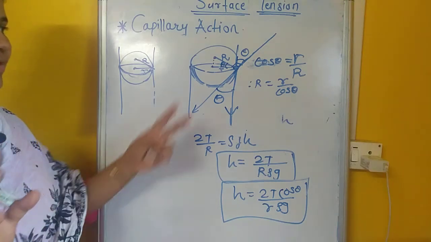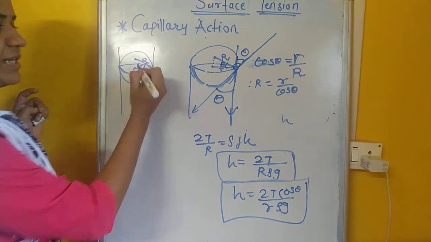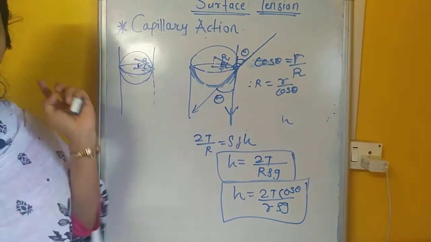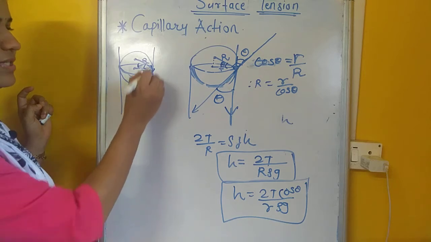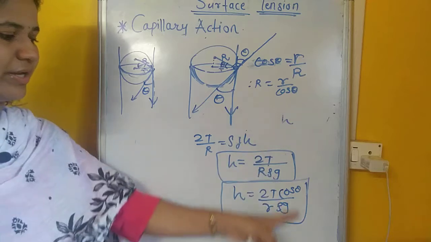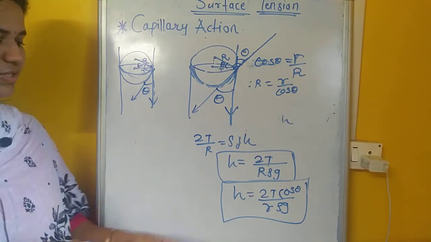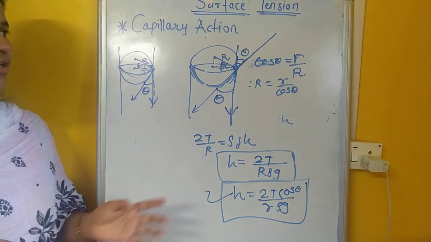Understood? This is not very important, but this is the angle of contact. How does this theta come as the angle of contact? Just by using a simple property: the angle of contact means the angle between these two tangents. Using that property, this theta is also the same angle of contact. So this is the height equation. This is a very important equation, and an important point for numericals.